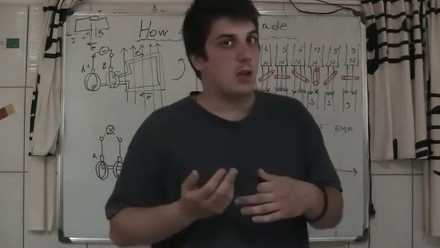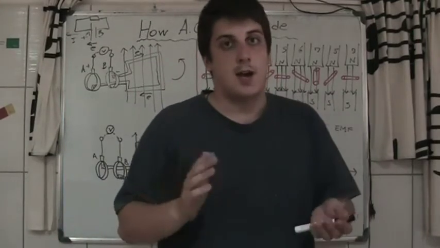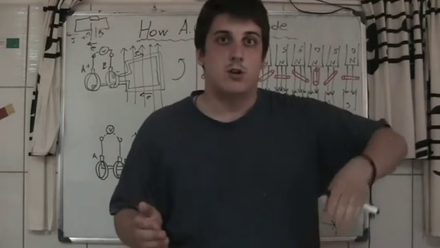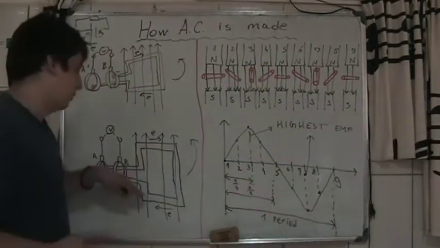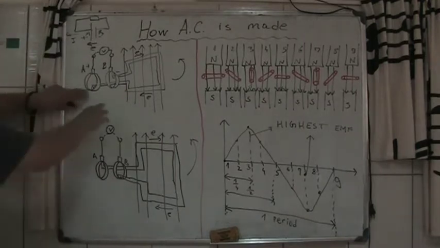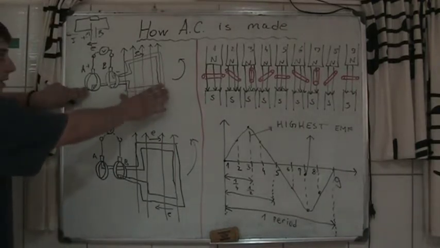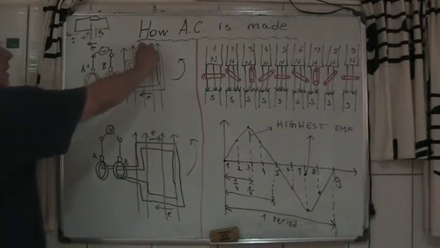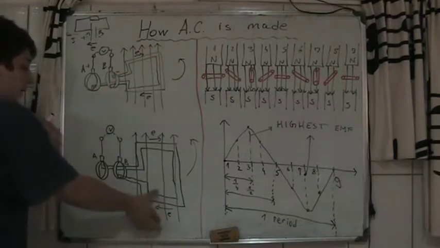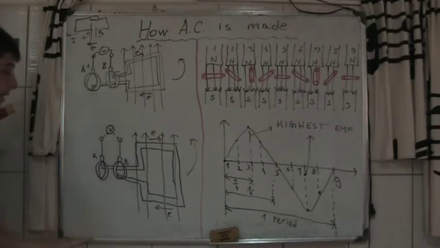In my previous lecture, I explained that alternating current always changes direction. So here is the next situation. Now this conductor that was here moved up here, and this one that was up here is now down here, and now we have another situation.